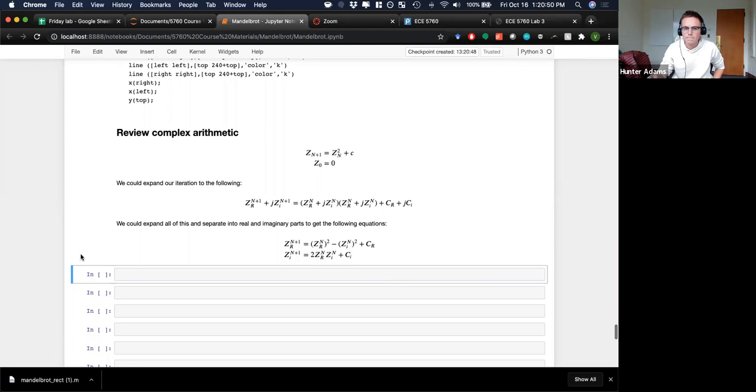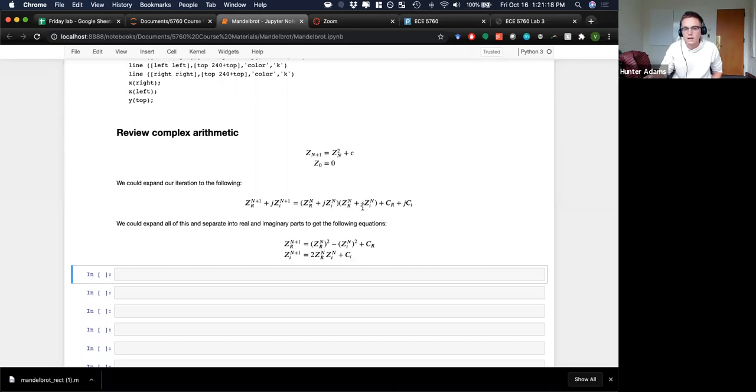Is that clear? So we've taken this iteration. Here we've just separated these imaginary numbers into their real and imaginary parts and written down the exact same equation, just expanded out into the real and the imaginary parts. And then we've expanded this whole expression out and separated it into real and imaginary parts. So the real part, when you expand this out, you end up with ZR squared, which is a real number.